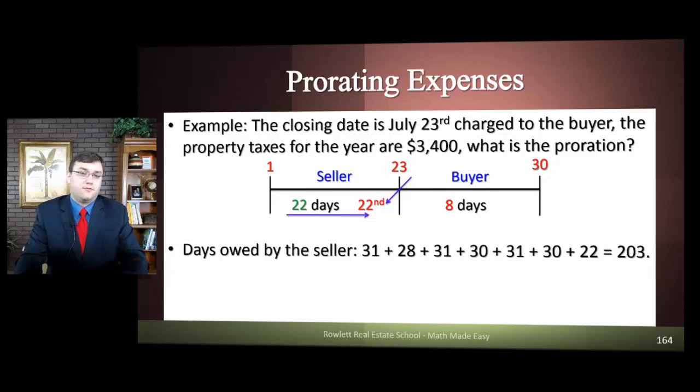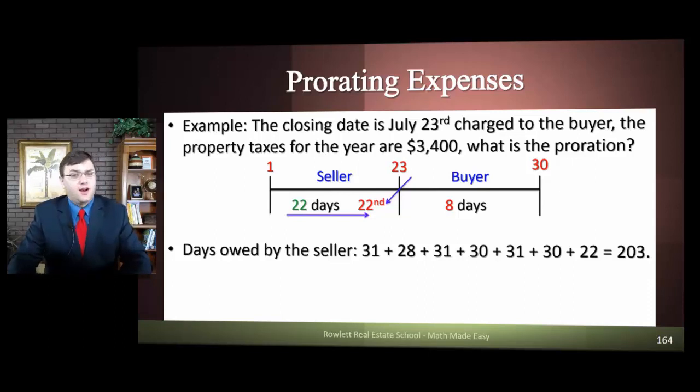Also, for those of you who do not know, February, instead of just being a 30-day month, is a 28-day month, sometimes 29 if you have a leap year. So the high knuckles are all 31, the lower knuckles are all 30, except with February, which is our oddball. So you can go January's 31, February's 28, and so on, up until the month before the one you're in. So go to June and stop.